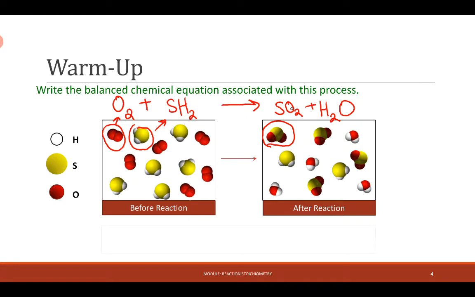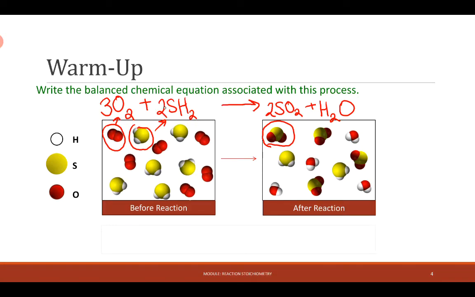I see a total of 3 oxygens here and a total of 2 oxygens here. So I'm going to go ahead and boost this up so that that's a 6, and then I'll try to get that up to be a 6. So I could put a 2 there. That'd give me 2 sulfurs and 4 oxygen.